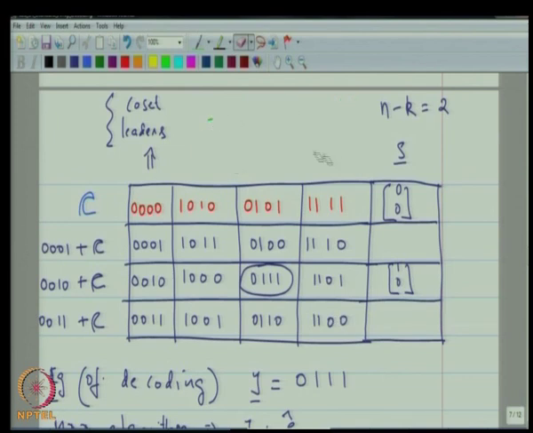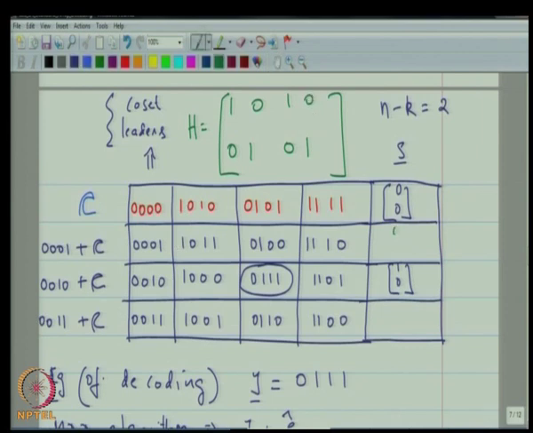Let me use a different color which is slightly darker. Okay. So, if I want to compute the syndrome of this, I am going to multiply this matrix into this vector, which means I will pick up the last column.